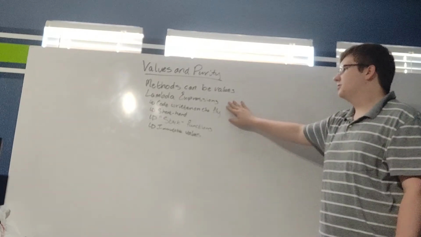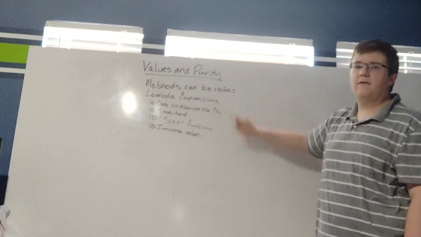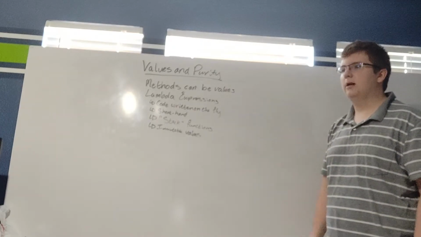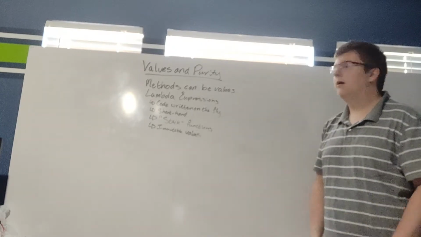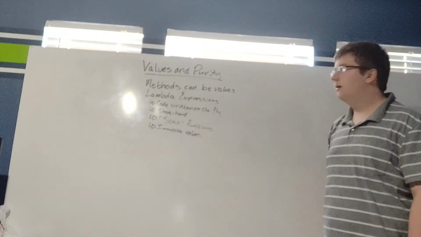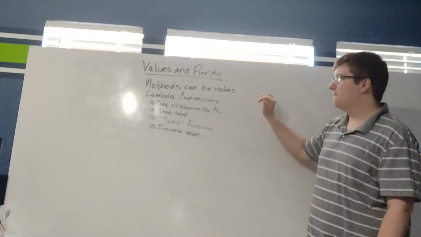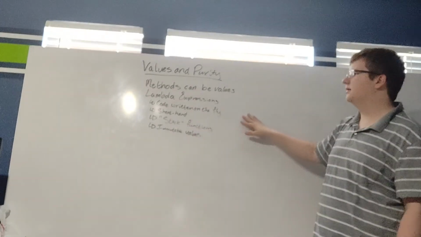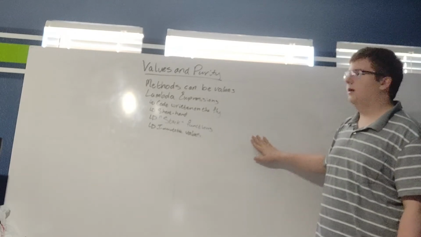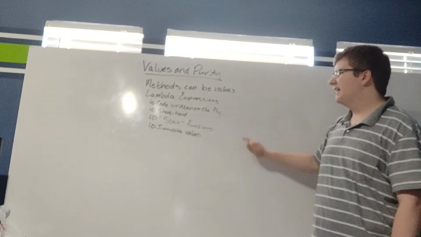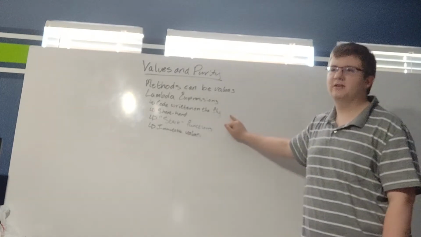Anyways, lambda expressions are basically the embodiment of functions as values. They're wild. It's code that's written on the fly. A couple of videos ago, I talked about compilation and how code is always compiled. That's kind of not true for lambda expressions.